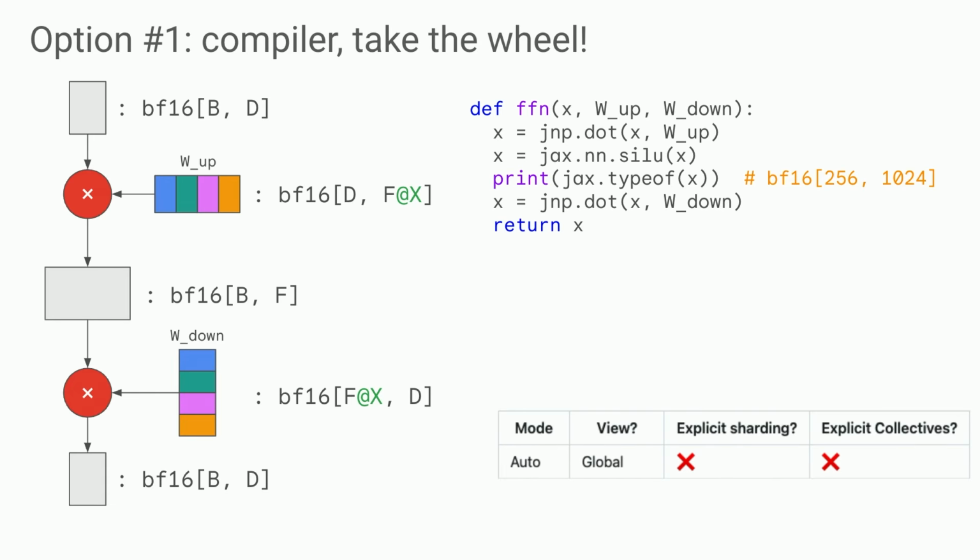You write your dots and your nonlinearities, and all of this is a global view of your computation where you don't even think about the fact that you're running on multiple devices. You're just writing, here's how the math works, and the compiler is going to decide how to shard up these pieces and lower things to insert communication across devices as needed. So we're not thinking directly about sharding very much. We're not writing collectives. This is this automatic mode.